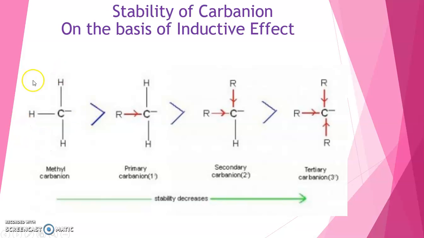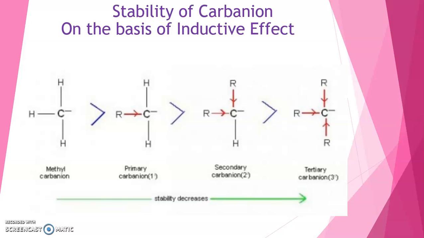That is, methyl carbanion with no alkyl group is more stable than primary carbanion which contains one alkyl group, which is more stable than secondary carbanion which contains two alkyl groups, and this secondary carbanion is more stable than tertiary carbanion which contains three alkyl groups. So the correct order of stability of carbanion is methyl, then primary, then secondary, and then tertiary. And we can explain this stability on the basis of inductive effect.